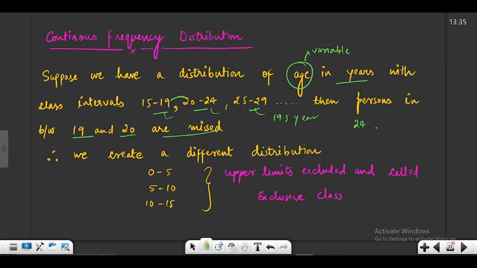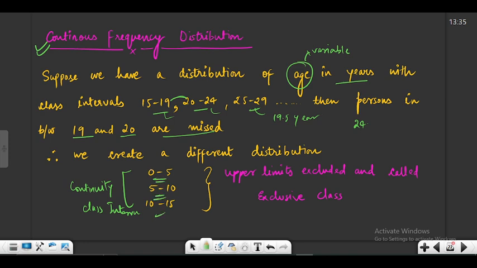Okay, so we have a different form, which is the continuous form now. So we know that discrete is separate and divided, but in the context of continuous, it is not separate and it is not divided, and there's a continuity in the class intervals. These intervals have a continuity.